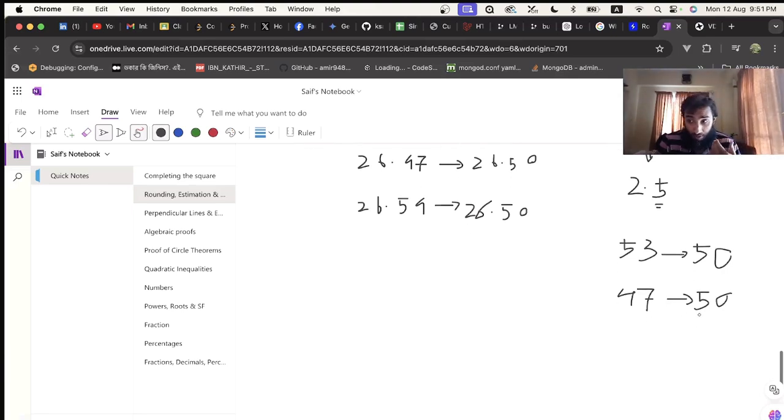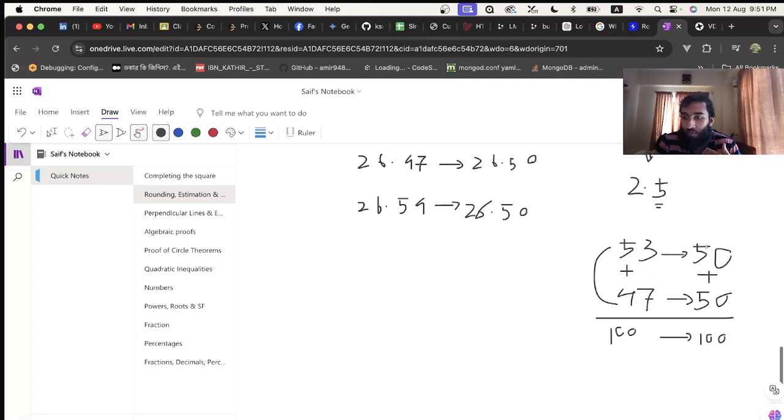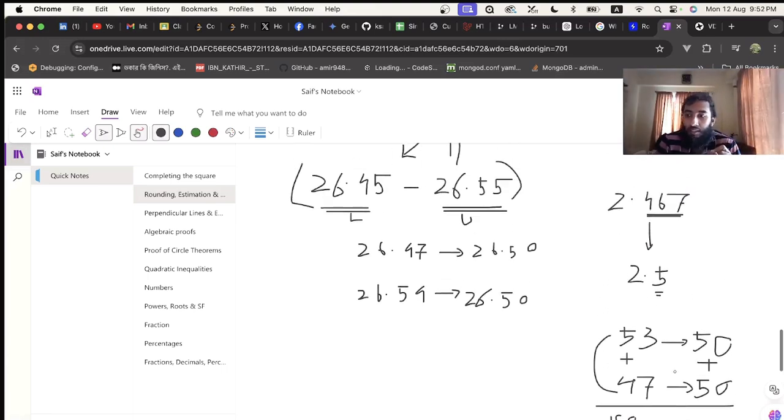So when I add these, I can add 50 plus 50 instead of adding 53 and 47. So in both cases, I get 100. So this is how I can quickly make estimations. If I want to add 53 and 47, I have to take some time to actually calculate, but if I estimate both of them to 50, I can calculate it much quicker and faster. So these are some of the subtle differences of rounding and estimation.